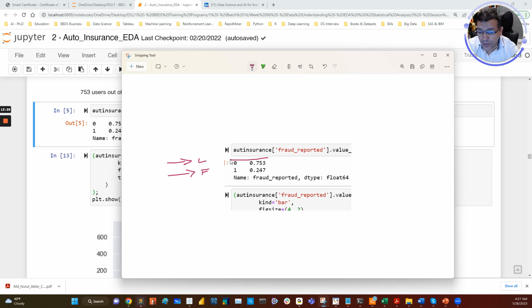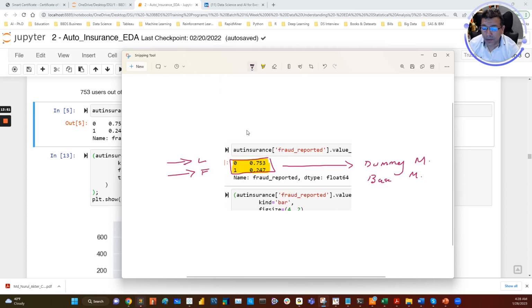And this value here is what we call the dummy model, or simply the base model. Whatever model we create in the future is going to be compared to what we have in the data.